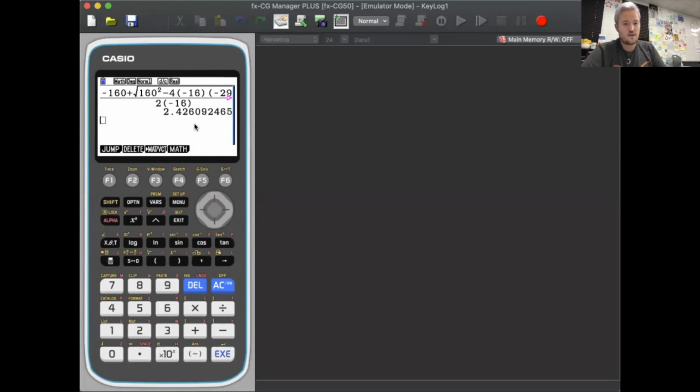That's going to give us 2.426, so we'll do 2.43. All right, now I need to find the other one. So I'm going to go back up here and change that to subtraction. And now I have 7.57.